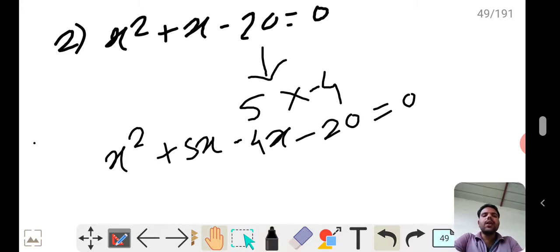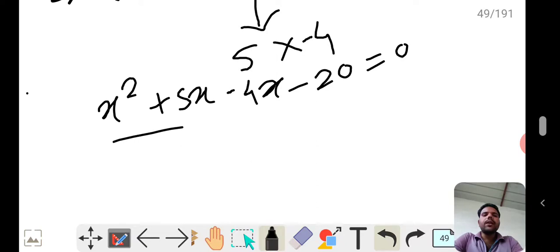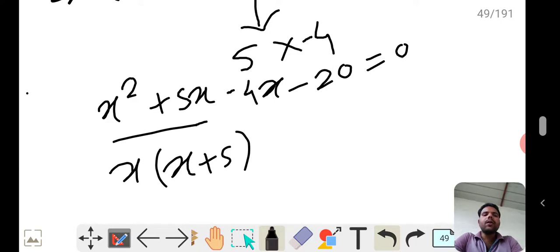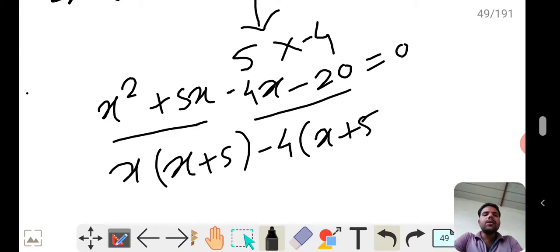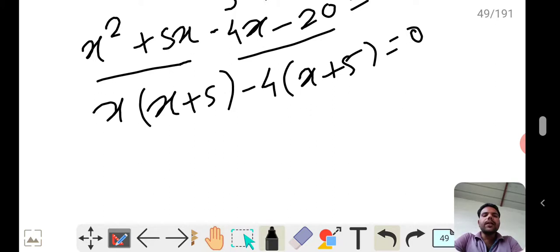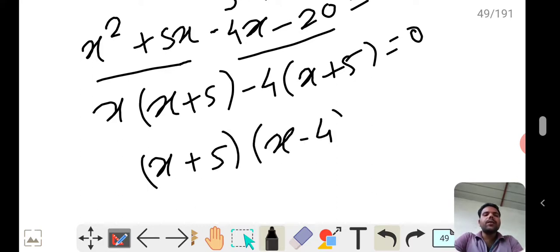Now we can solve this equation by taking x common from these terms, so we have x plus 5, or by taking minus 4 common from the others, so we have x plus 5, is equal to 0. By taking x plus 5 common from both terms, we have x plus 5 in the first bracket and x minus 4 in the second bracket.